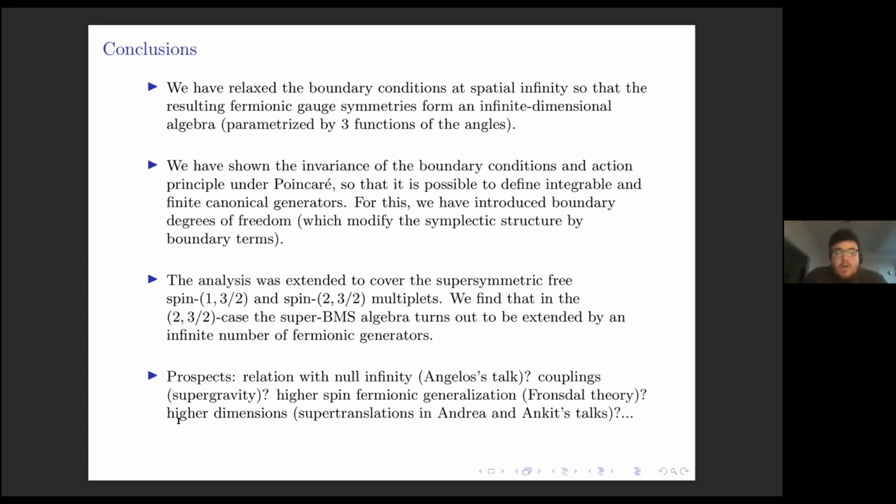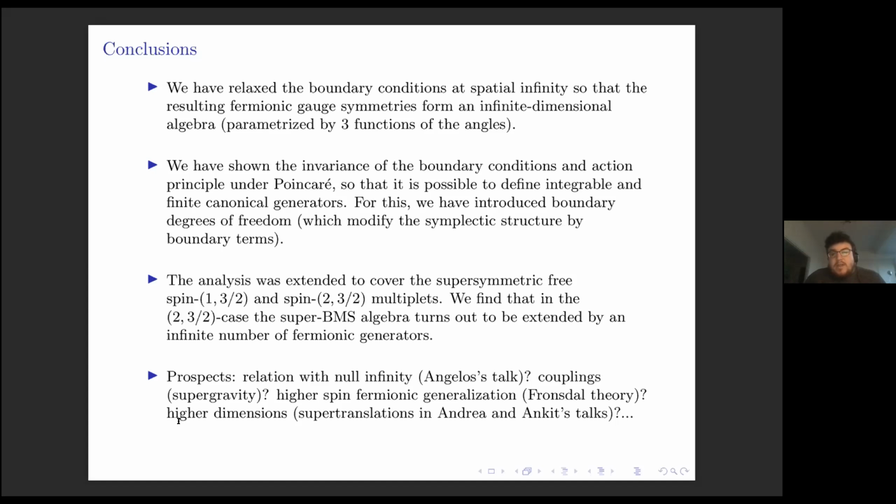Questions that I would like to address in the future: the relation with null infinity, because of the interesting results shown by Angelo in his talk about the super-extended BMS algebra in the celestial CFT. We want to study the couplings of the theory, in particular the case of supergravity, and how we can relax the boundary conditions that I just presented.